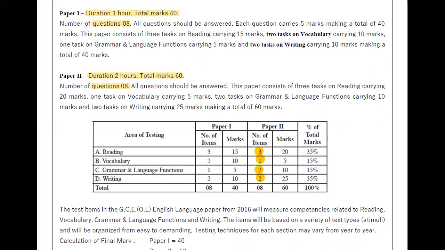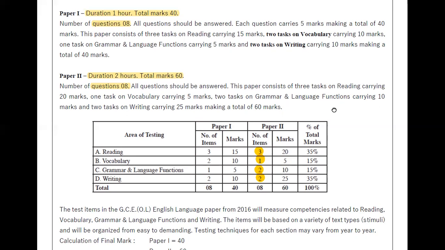If you can see the table that we're showing you, you can see the different aspects that you have to focus on, along with the marks they carry. For reading, the total mark will be 35%.